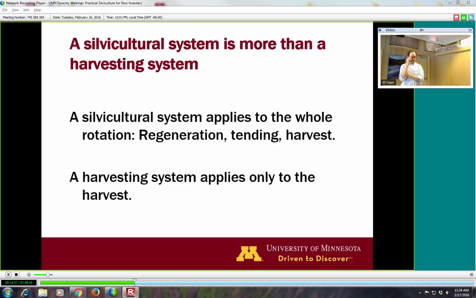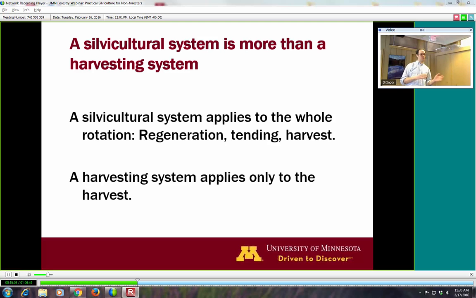A silvicultural system is more than a harvesting system. The silvicultural system applies to the whole rotation. It includes a plan for regeneration, a plan for tending or intermediate treatments, and a plan for harvest, which reinitiates the regeneration and the whole cycle. A harvesting system, for example clearcutting, applies only to the harvest.